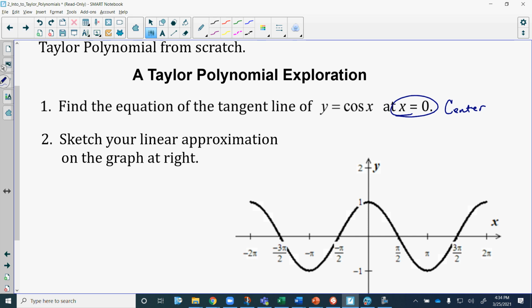Since we're talking about centers, I'm going to give you a generic looking Taylor polynomial that you might see in a textbook or on a math website.